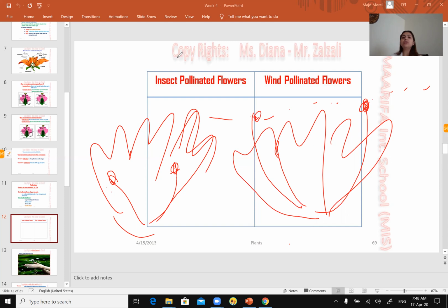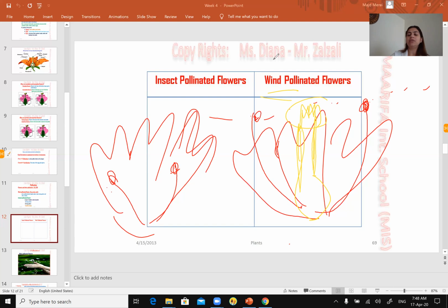Okay, what about the style? I'm going to use another color, for example, yellow. Here, again, notice it has a long style, so the stigma is exposed to wind. So it is what?